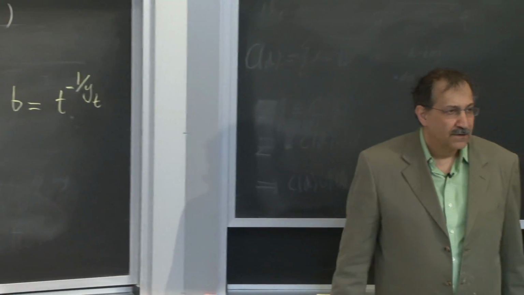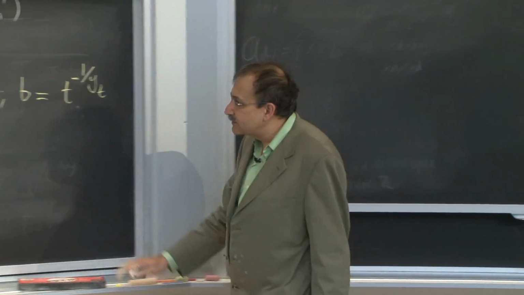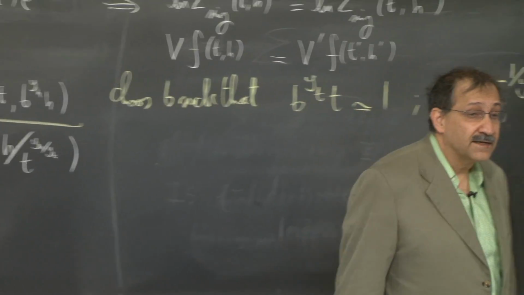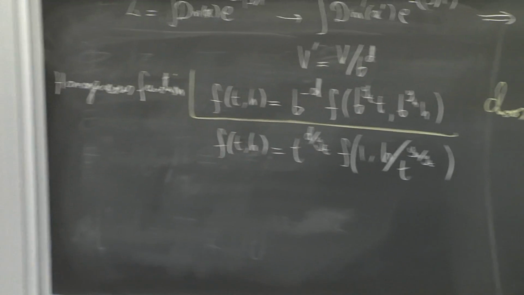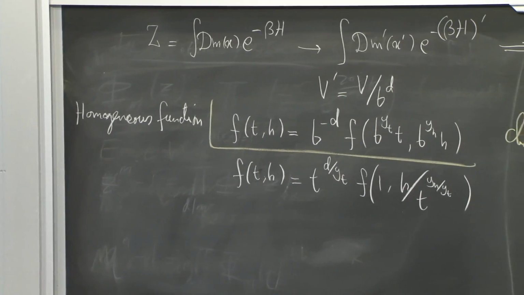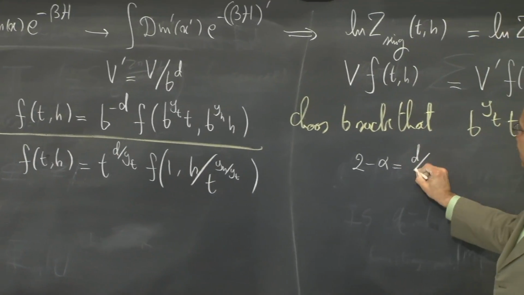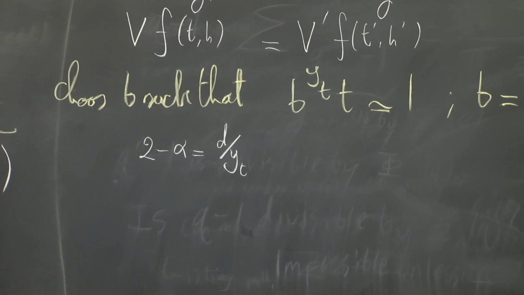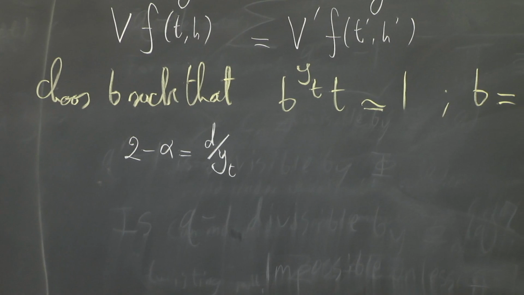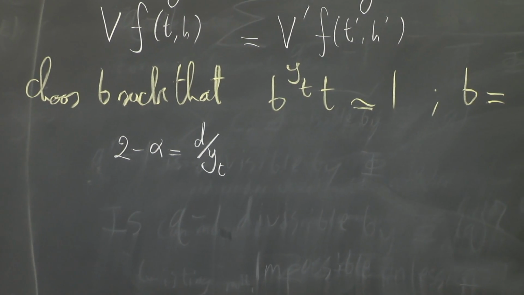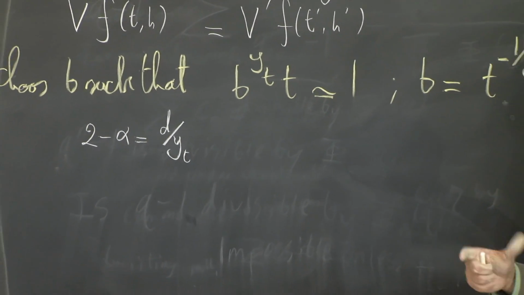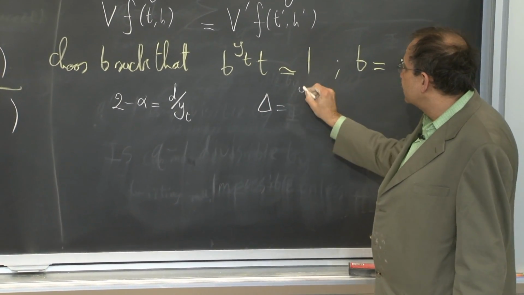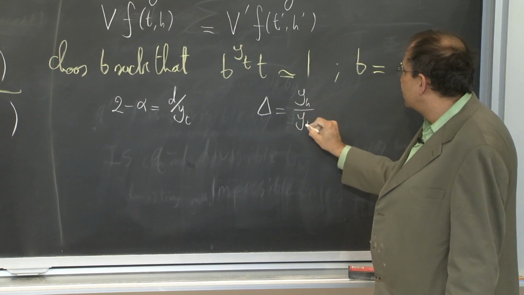So you can see that this is in fact the same as the first line that I have above, and I have identified that 2 minus alpha would be related to this factor of yt, which is how you would scale under renormalization the parameters t and h, and the gap exponent is related to the ratio of yh over yt.